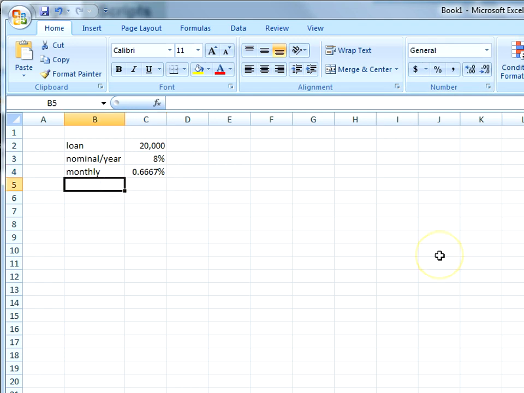So that's the monthly interest rate. Now let's say that you need to pay this in the first case in 24 months. The number of periods to pay is 24 months, with monthly payments.